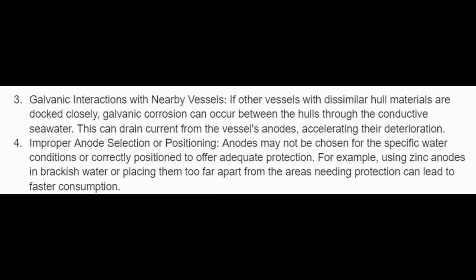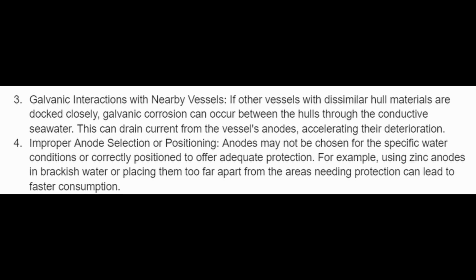3. Galvanic interactions with nearby vessels. If other vessels with dissimilar hull materials are docked closely, galvanic corrosion can occur between the hulls through the conductive seawater. This can drain current from the vessel's anodes, accelerating their deterioration. 4.